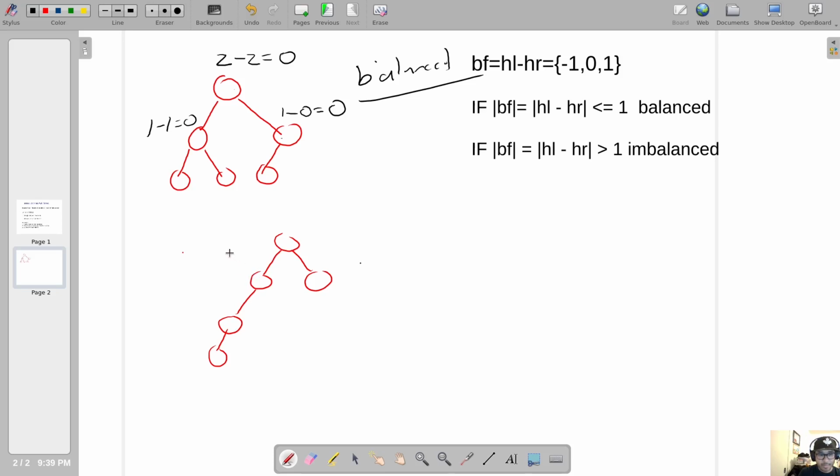So for example, I would start here. 1, 2, 3. You count below. You don't start at the node you want to get the balance factor for. So this one here is 2, and this tree over here is imbalanced.